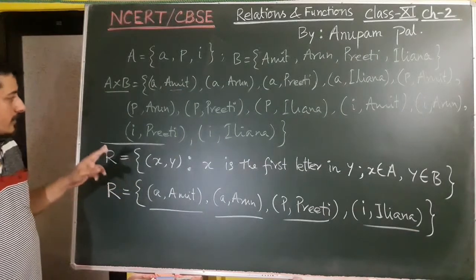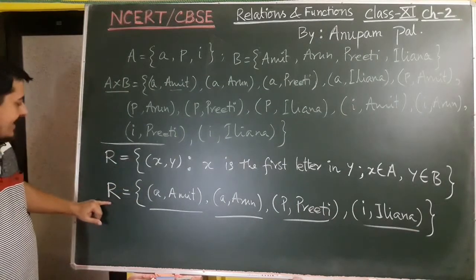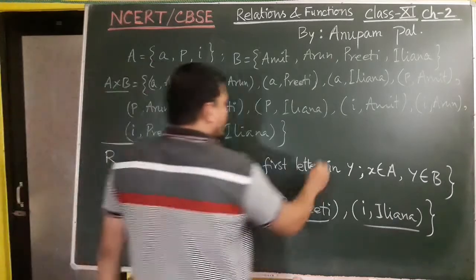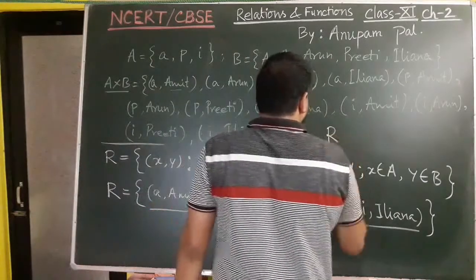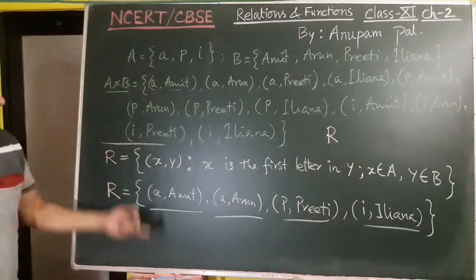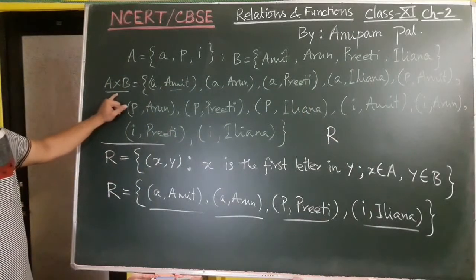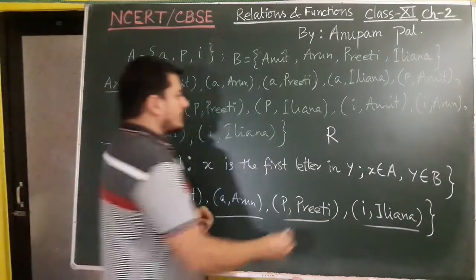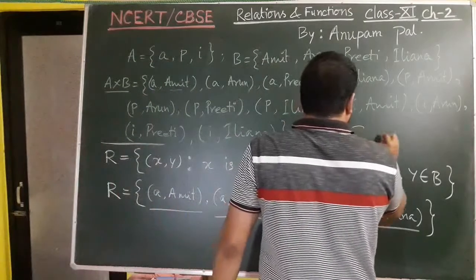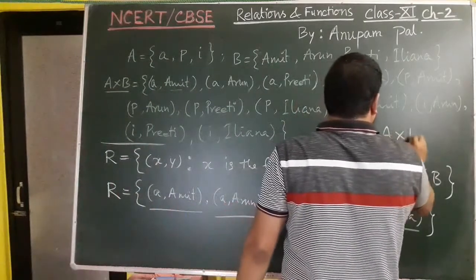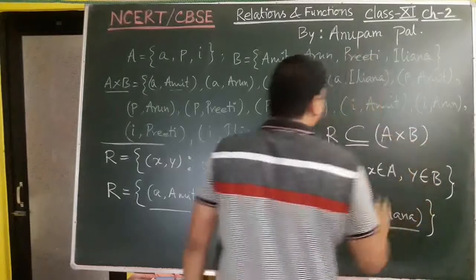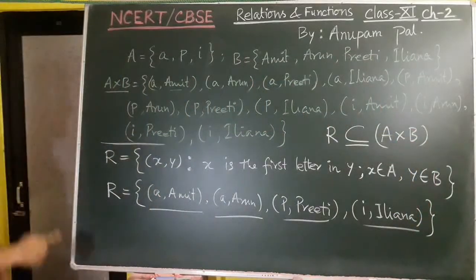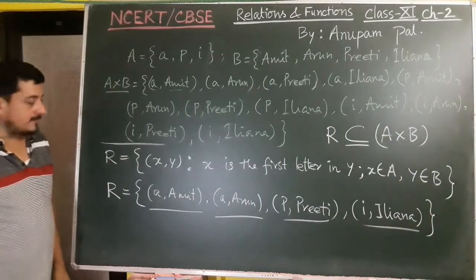Also remember that this R, which is a set, is basically a subset of this cross product. So R is a subset of A cross B. This you have to remember.